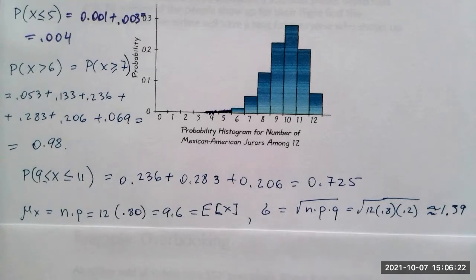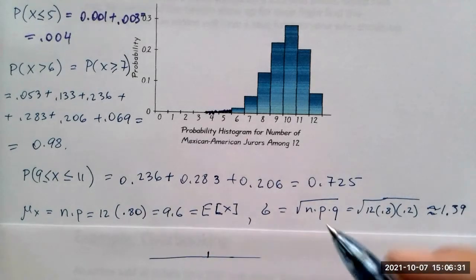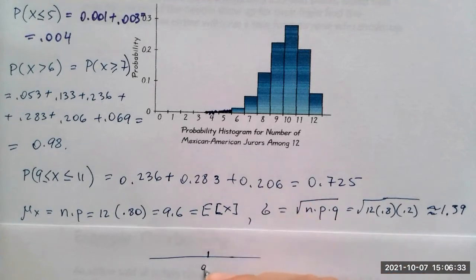Now, what does it give us? Well, now we can find the minimum and maximum usual values. Remember, we have our expected value in the middle. The minimum usual would be the mean, 9.6, minus 2 standard deviations, and the maximum usual would be the mean plus 2 standard deviations.